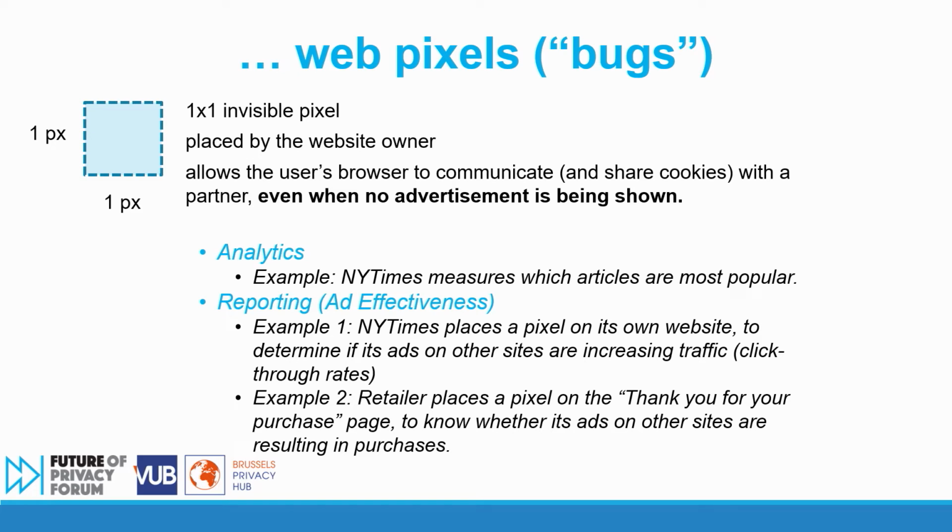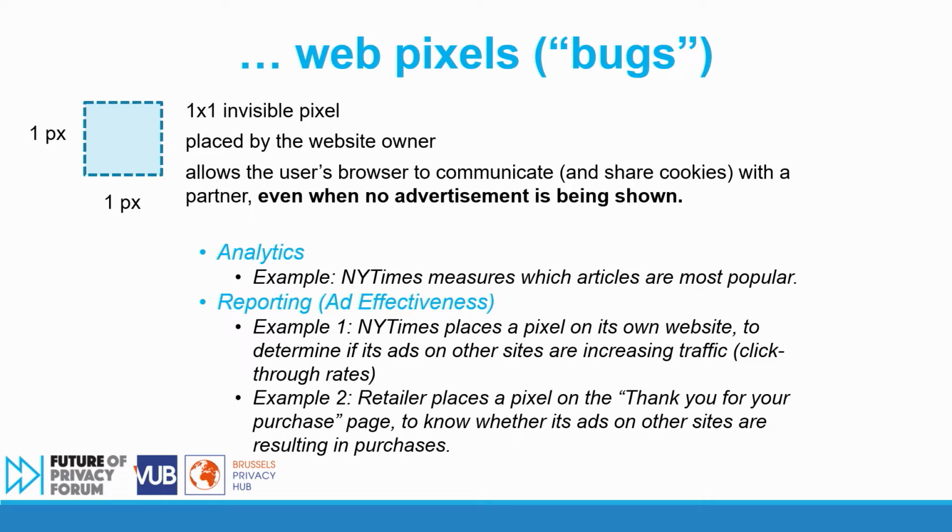We also want to cover the concept of a web pixel, sometimes affectionately called a bug, but it is simply an invisible one-by-one pixel. The content that is being delivered down to the website will also contain information to request a pixel.